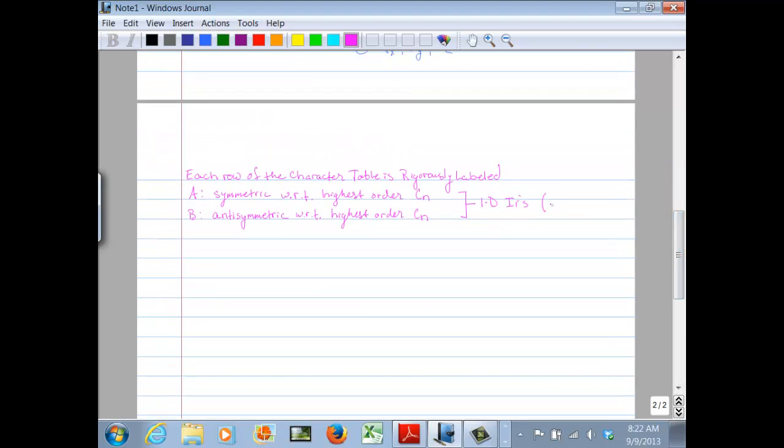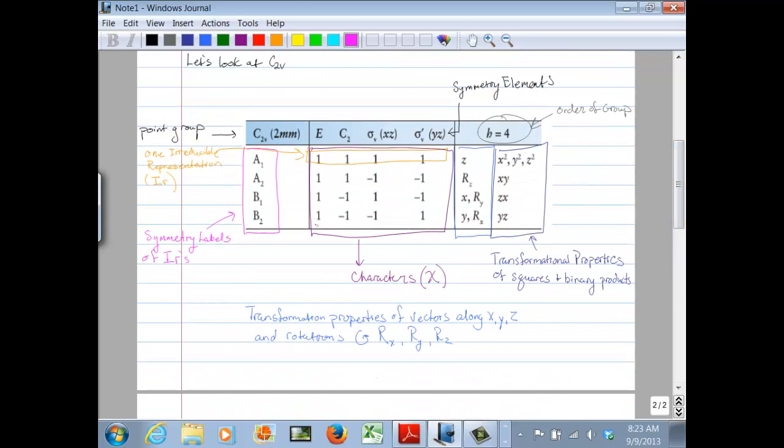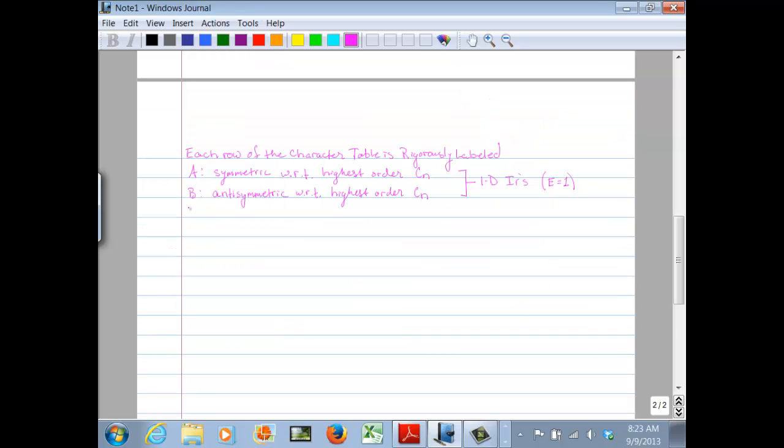What this also means is that under E in the character table, as in your identity, you'll have a number 1. Notice that all of these irreducible representations have a number 1 under E. They must have run out of symbols, because they're going to use E again for something different. This is not the identity. This is actually a symmetry label.